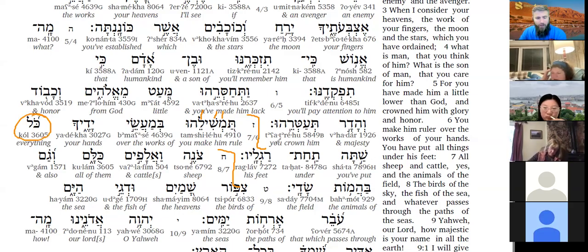Okay, kol, everything. Shata, what is that? That's from seat, isn't it? Shevet is to sit. All right, so the root here is shin yod tav, and in the qatal form, it should be something like shat.